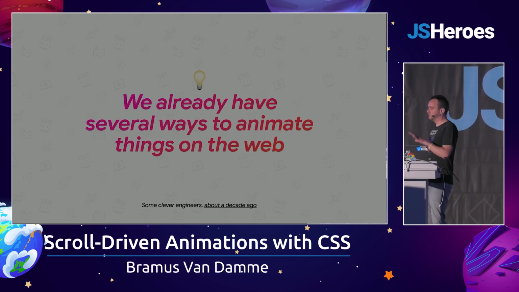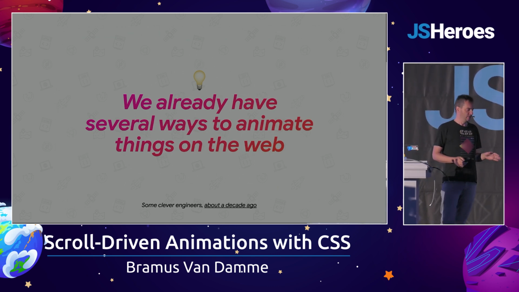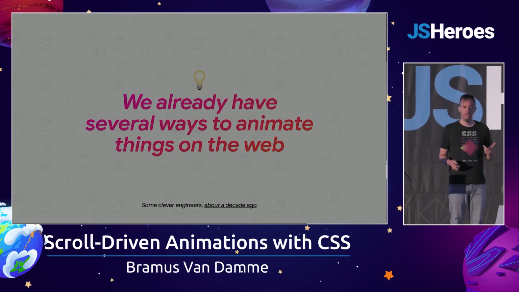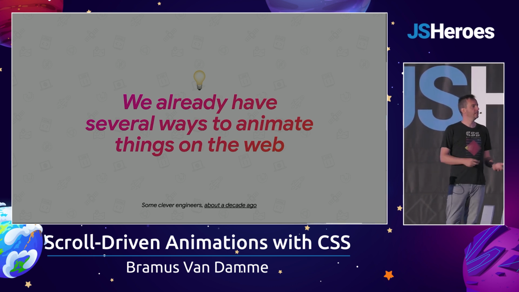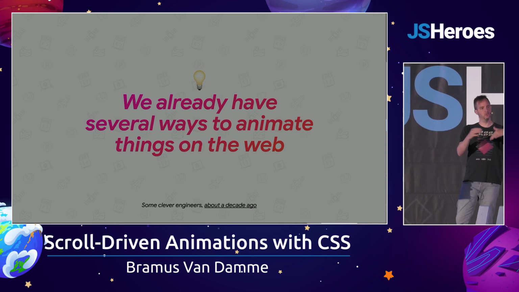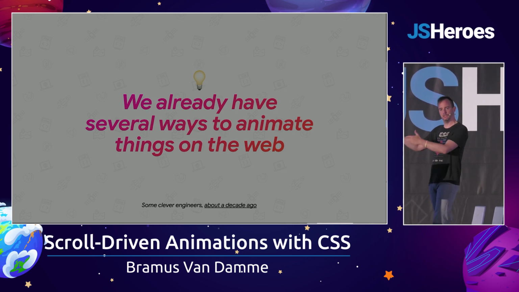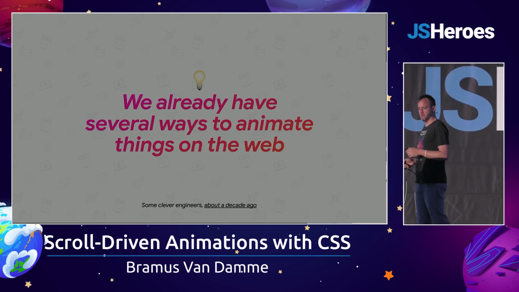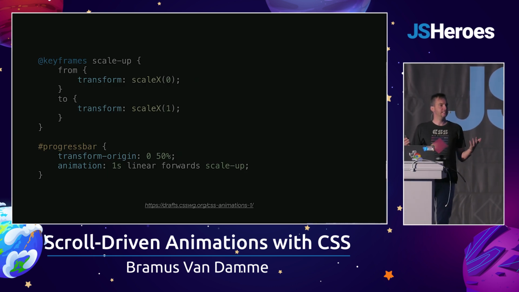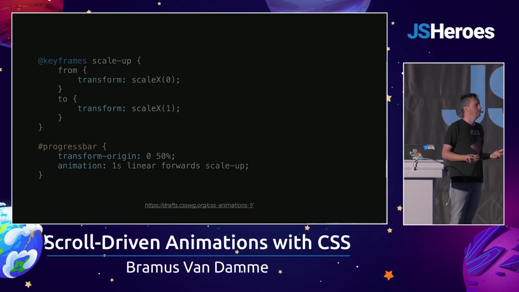Now, thankfully, about a decade ago, there were some bright engineers that said, hey, we already have several ways to animate things on the web. Instead of you adding this scroll listener and doing the computation yourself and then changing something, we have CSS animations on the web.